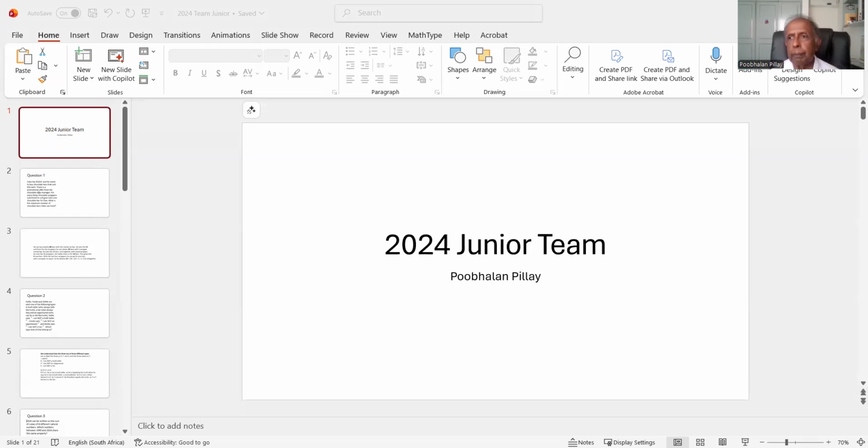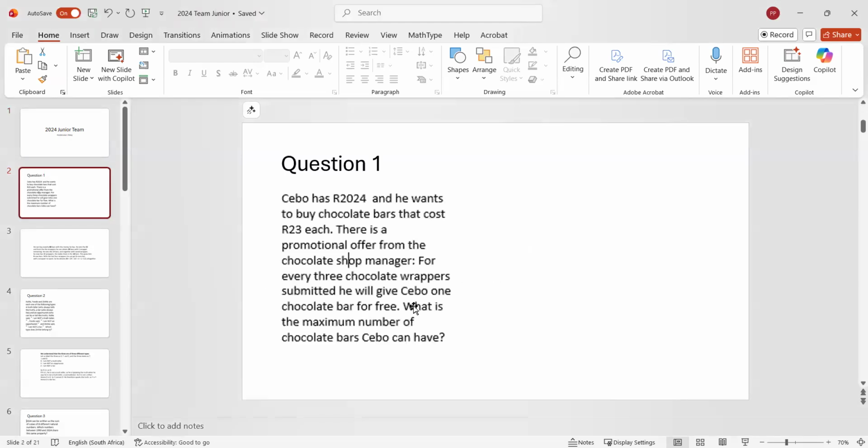Okay, so here we go. First question. Cebo has 2,024 rands, and he wants to buy chocolate bars that cost 23 rands each.